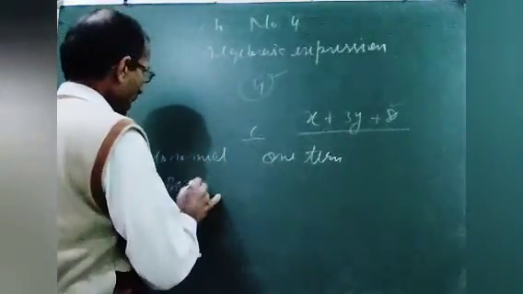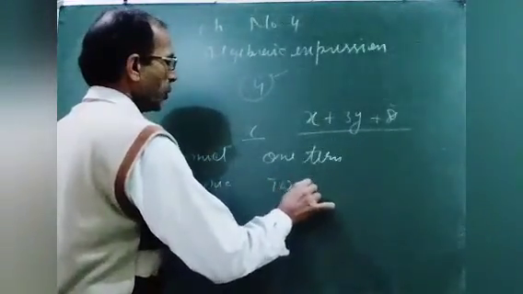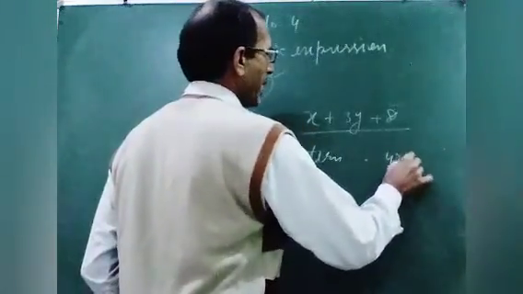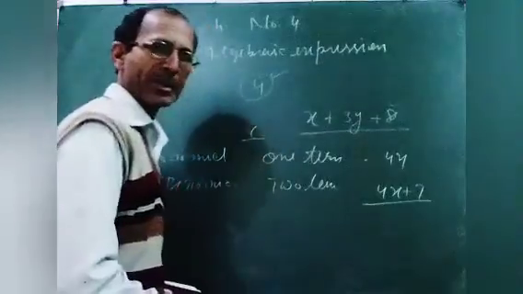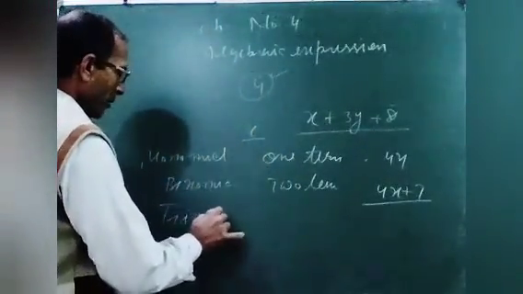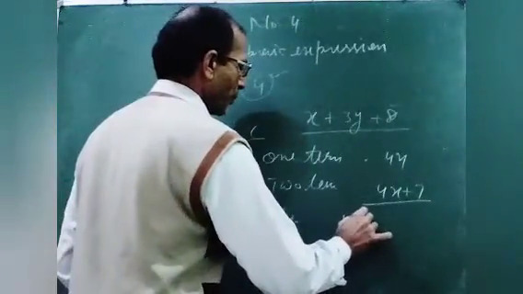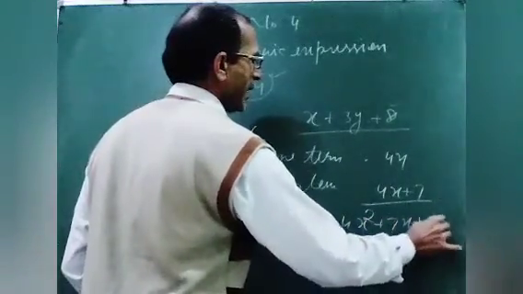Second is binomial, two terms. For example, 4x plus 7. There are two terms. Trinomial, three terms: 4x square plus 7x plus 8.